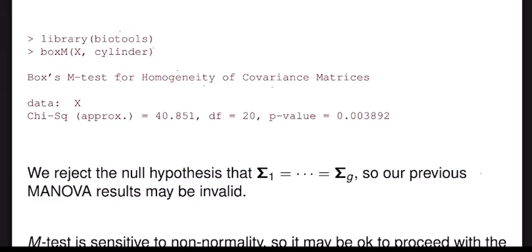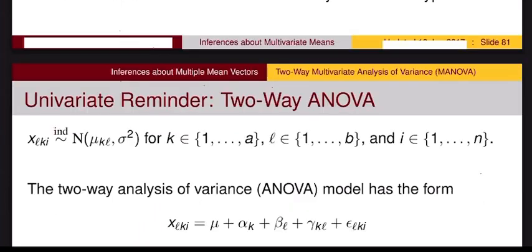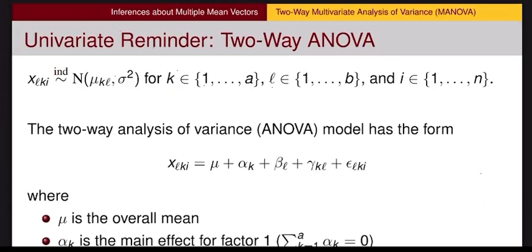Okay. Now I'm going to move on. We now want to move into two-way ANOVA. The one we did the other time is one-way, but we're going to start from univariate.